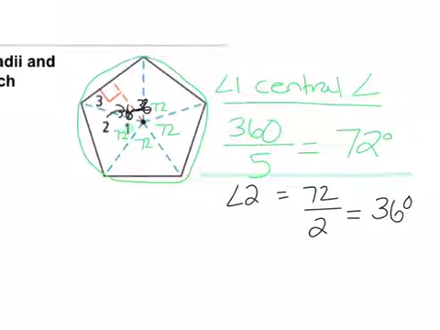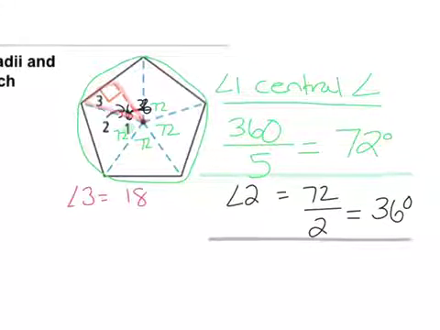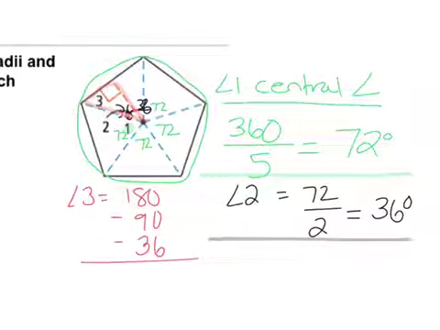When I take a look at angle 3, I notice that right in here, this is a triangle, and we already know that every triangle has 180 degrees. So if I subtract out that 90-degree angle I see, and angle 2, which was 36 degrees, we can figure this out. I'm just using my calculator here, and I'm figuring out that angle 3 has to equal 54 degrees.